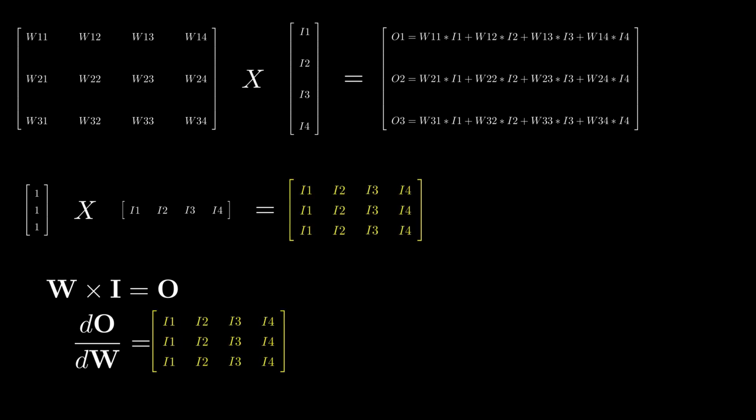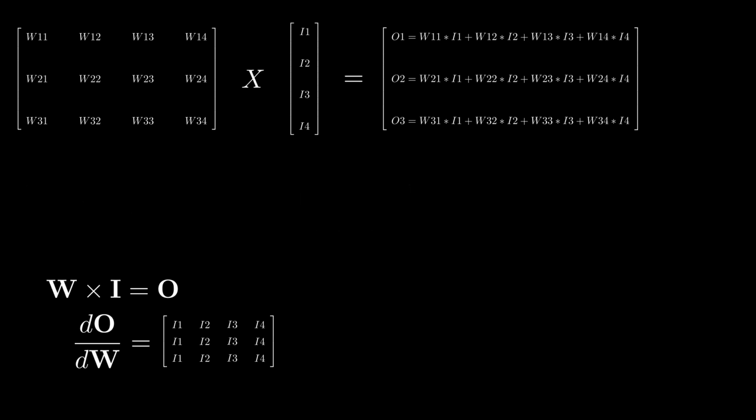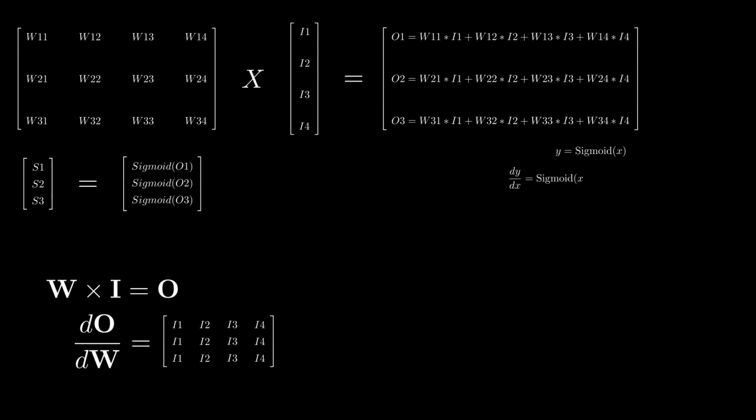This matrix filled with ones has a shape of 3 by 1, which is the shape of output matrix we got above. This matrix of 1 is actually the gradient we got as upper derivative after applying activation. Let me explain. Let's say we apply sigmoid activation on this output we got above and get some result. Sigmoid is an activation function and it can be given by this equation.